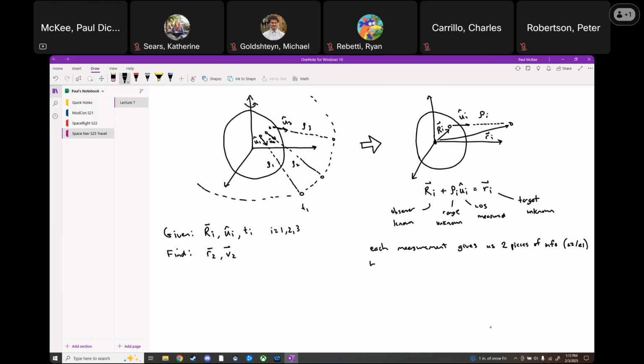But the full state is 6 degrees of freedom. So therefore, we need at least 3 measurements to solve this problem. It's always good to stop and think about, okay, when do I have enough information to actually try to solve this? And when am I just kind of kidding myself, right?